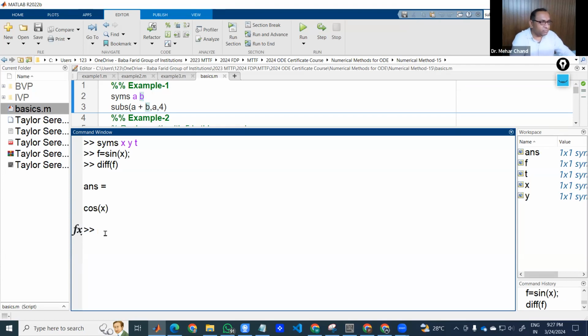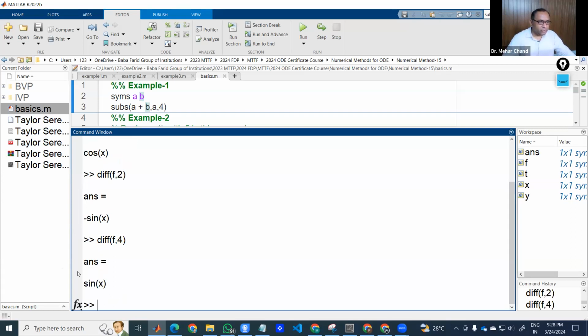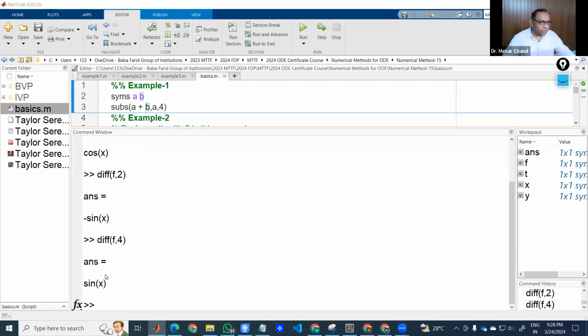And if you want to differentiate for the second order or third order, how can you do it? We can check once again with the Python code, f comma 2. Yes, so this is the second order, and if you use 4 here, then yes. In this way, you can find the first order, second order, third order, and fourth order derivative.